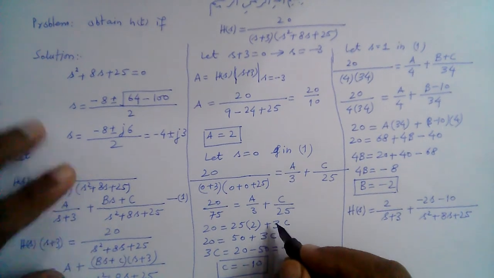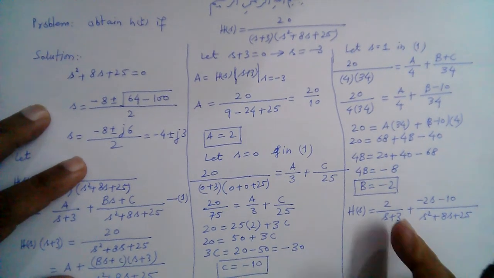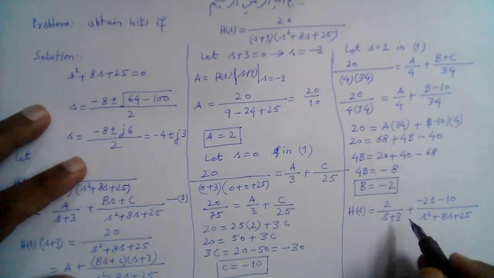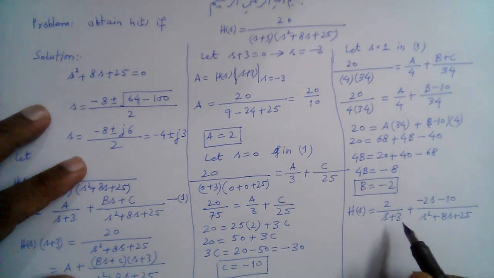So now it is easier to find out the inverse Laplace transform of both these fractions, and with that we will be able to find the inverse Laplace transform of H of s.